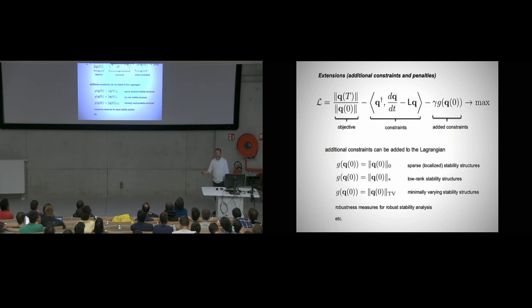The adjoint gets harder to evaluate, but it can be done, right? The flexibility is there. You can also have a low-rank stability structure if you penalize it with the nuclear norm. Or you can have some that is the smoothest possible one. Okay? So you penalize the total variation of your initial condition. Okay? And you can throw in anything you want to on the right-hand side.